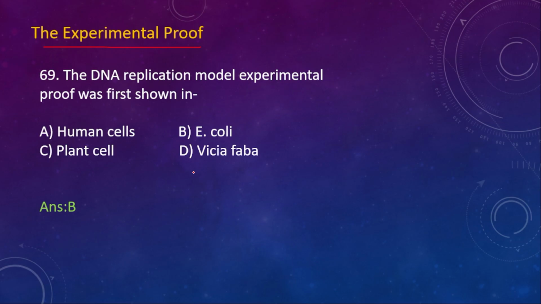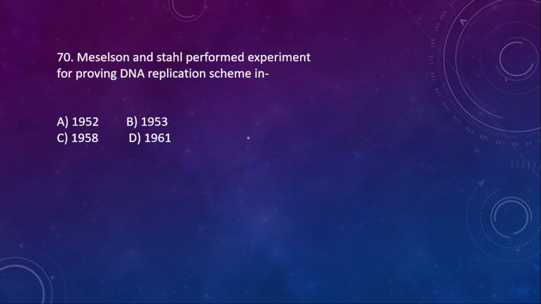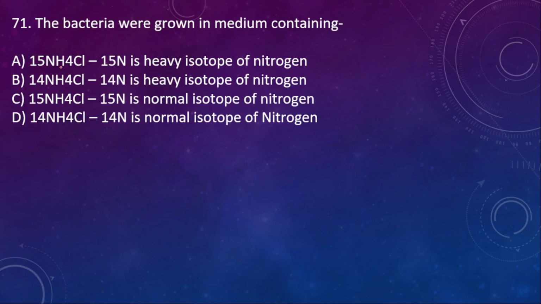The semi-conservative model of the DNA replication was first proved by Meselson and Stahl in the year 1958, isn't it? And the organism used for that is Escherichia coli. Meselson and Stahl performed the experiment for proving the DNA replication scheme in the year 1958.